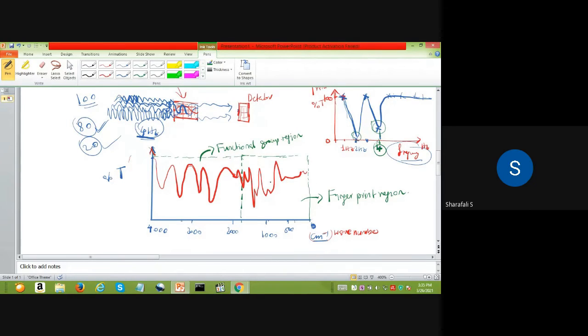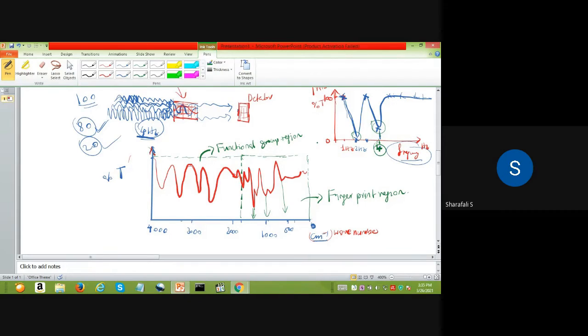So this fingerprint region means some molecules will have some fingerprints, which means some particular kind of vibrational peaks which are associated with some particular molecules. They will not change.